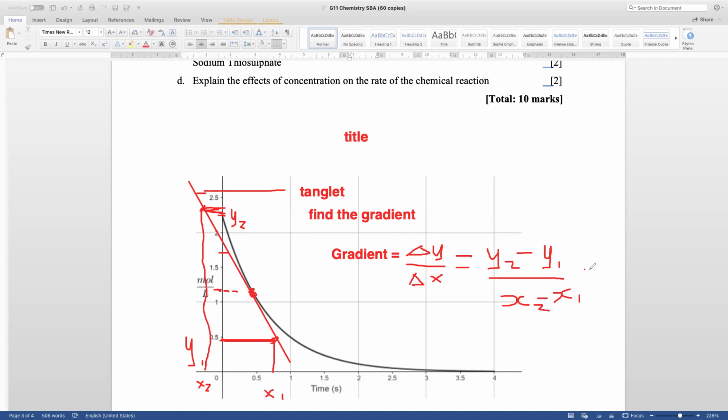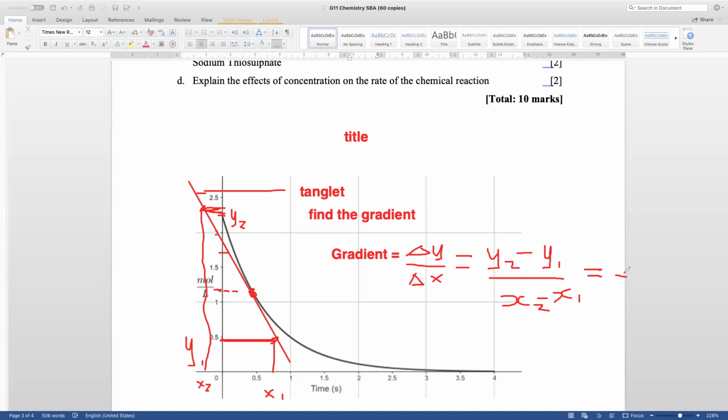You plug in the values and you'll find that you're going to have a negative value. The same answer you have, just please take the modulus. What I mean is just make it positive, because you cannot have a rate which is negative. So the same answer you find, just make it positive.